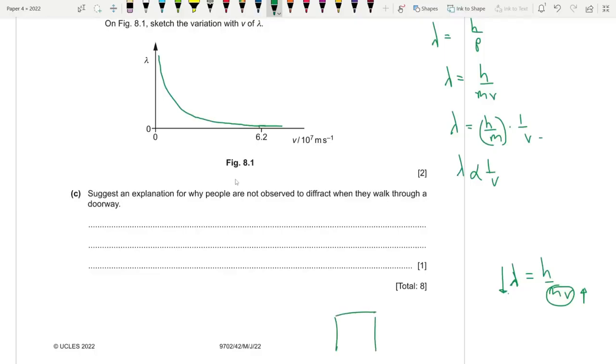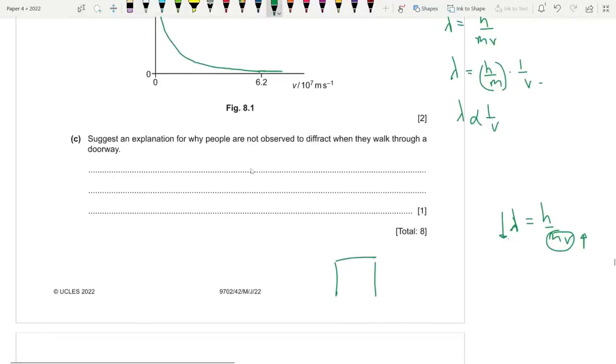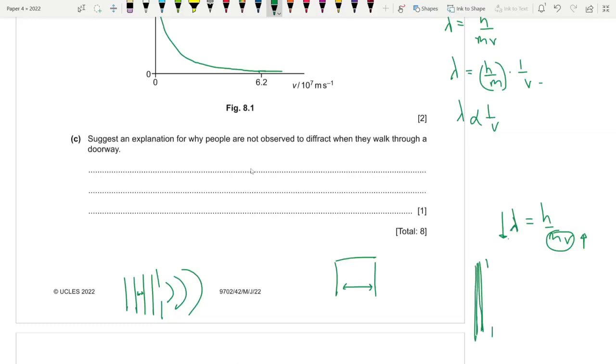So they need to be comparable for good diffraction to take place. You've learned this in AS physics. For good diffraction to take place, the width of the slit must be comparable to the wavelength. But compared to the width of the doorway, the wavelength is minuscule. No diffraction would take place. So that's why it's impossible.